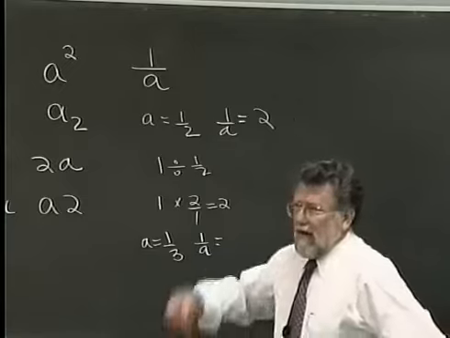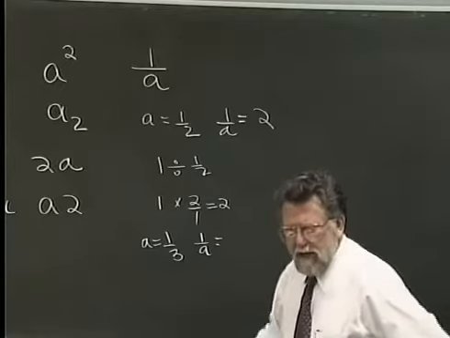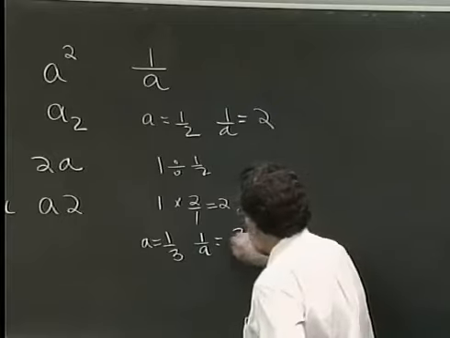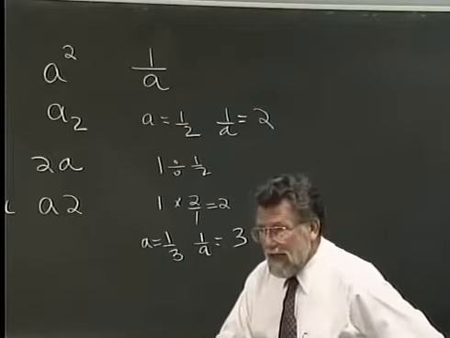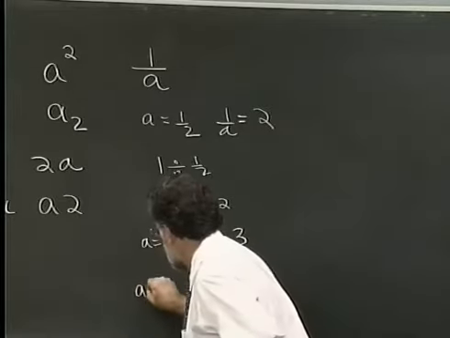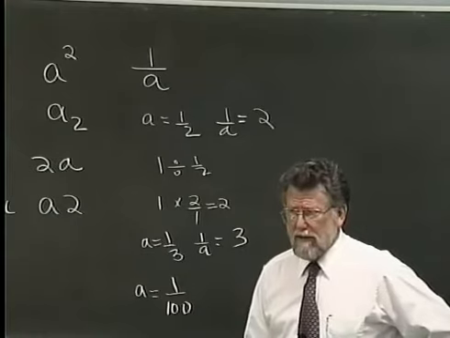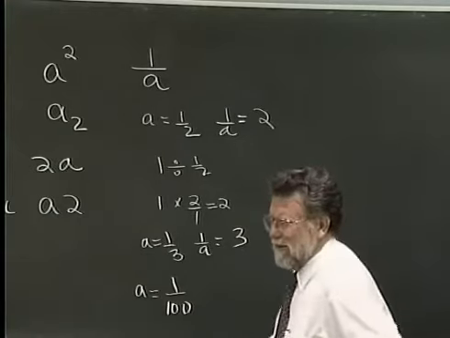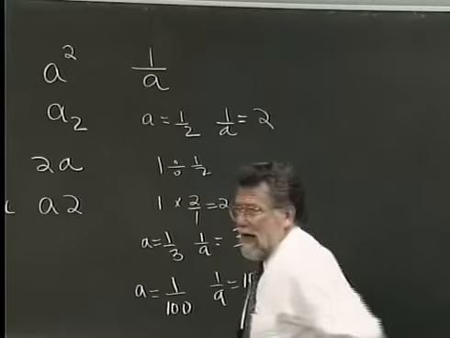We're getting closer. If a is 1/3, what is 1 over a? 3. Better. Okay, a is 1 over 100. What is 1 over a? 100. 1 over a is 100.